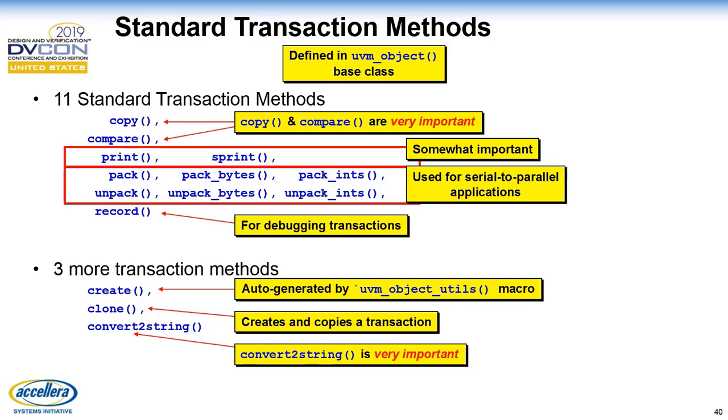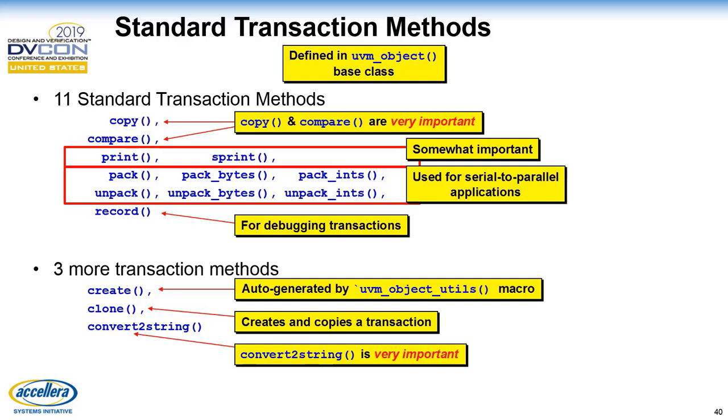Pack and unpack if you're doing any type of serial to parallel type implementation, and record in order to do debugging of your transactions. 3 more transaction methods that you find are the create method, auto-generated by object utils, the clone method, which does a create and copy, and then the convert to string, which currently only returns an empty string, but it is in that top-level base class.